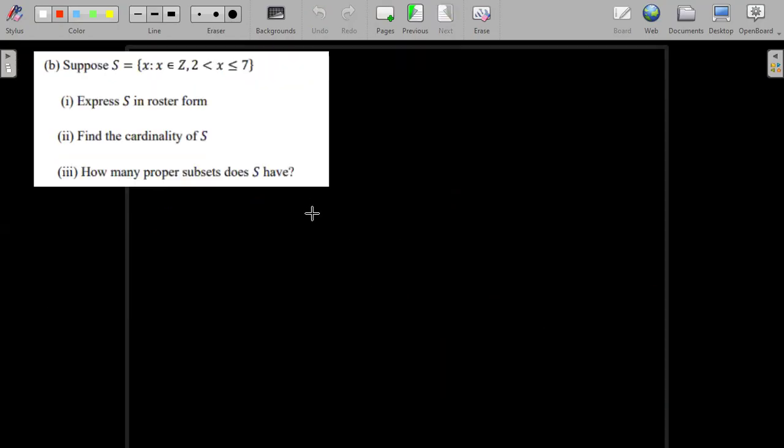Okay, so the next question here says, suppose S is equal to this. So this is just the set of X such that X is an integer and X is in between 2 and 7. So I can list down the integers that are there.